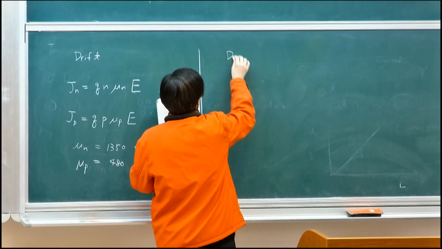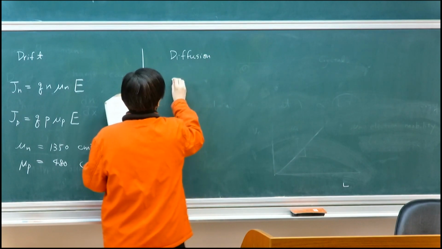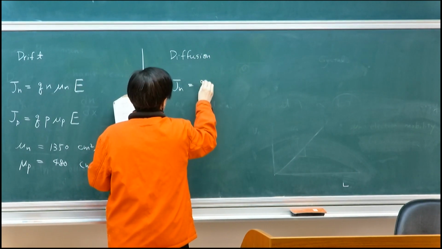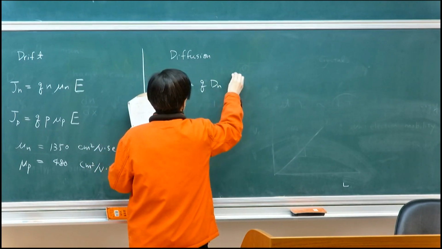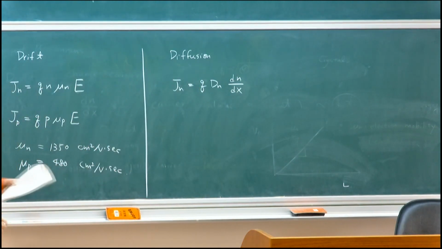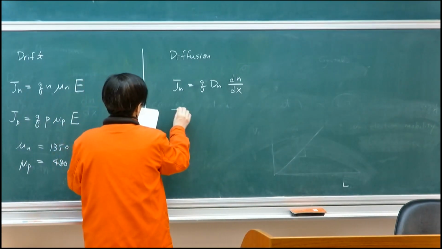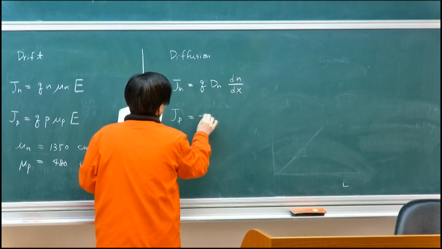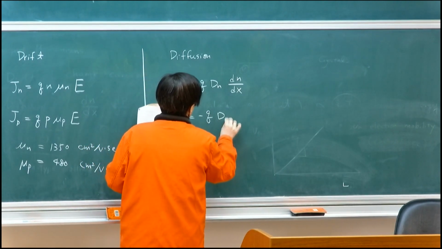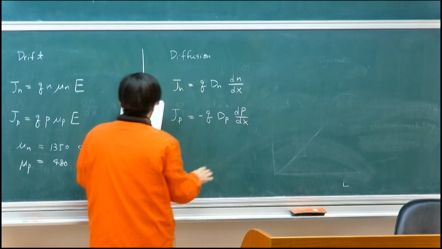For diffusion current, we have Jn, which depends on the carrier type, and diffusion goes in the opposite direction of the gradient. Therefore, for electrons you get no extra minus sign, but for positive charge, you get a minus sign in front. Okay?